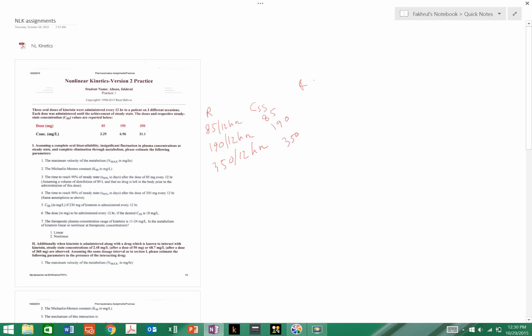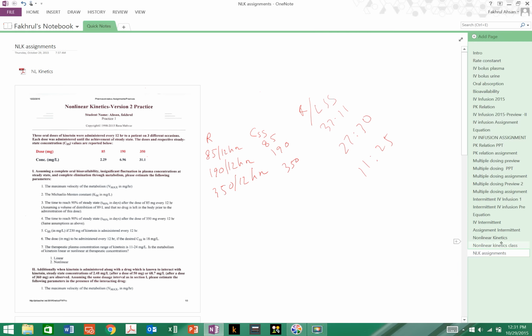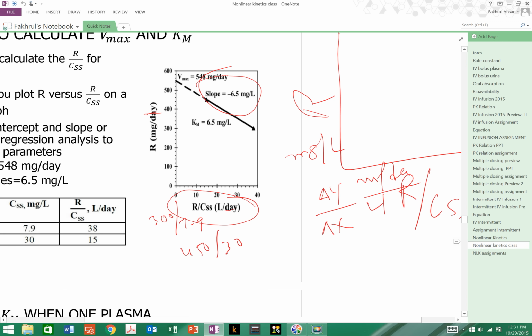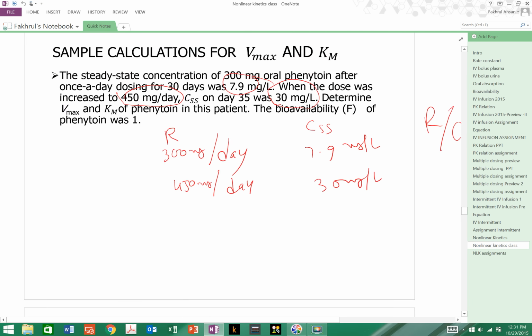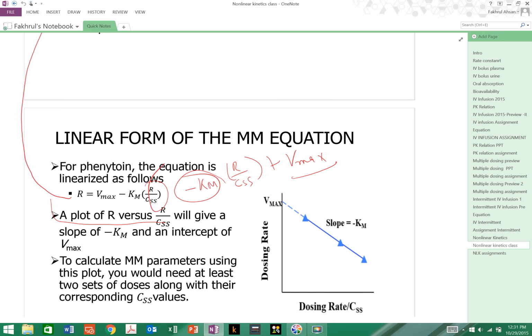So R over CSS, you have 37.11, 27.30 and then 11.25. As I have mentioned, you have to use that equation. This is nonlinear kinetics here. We have to go back to that equation.